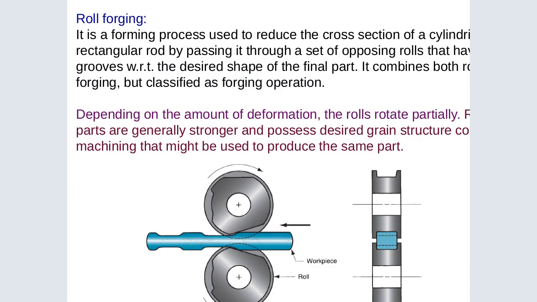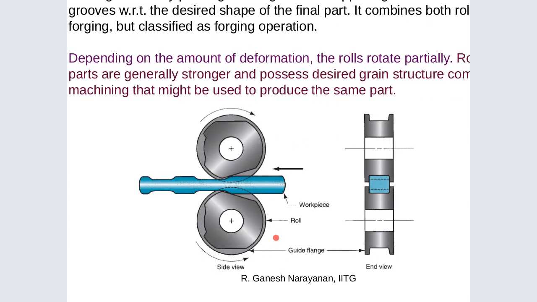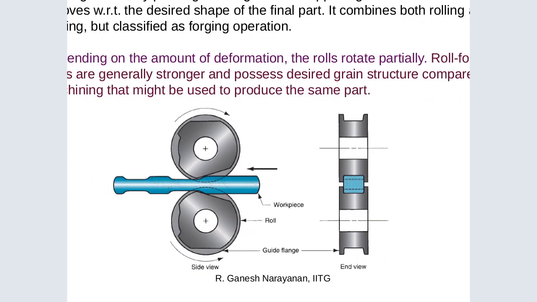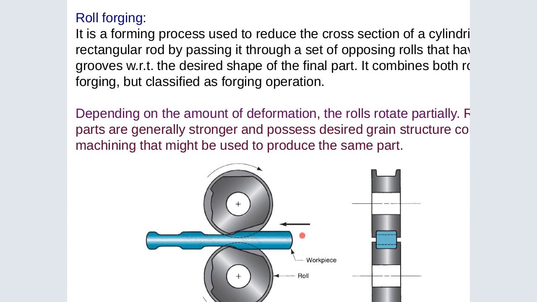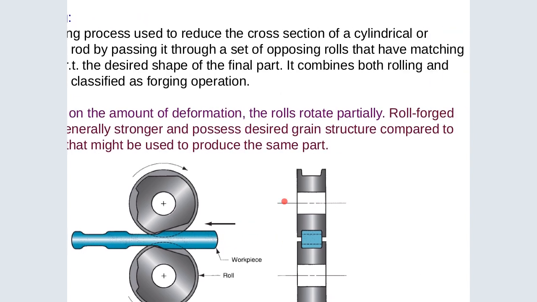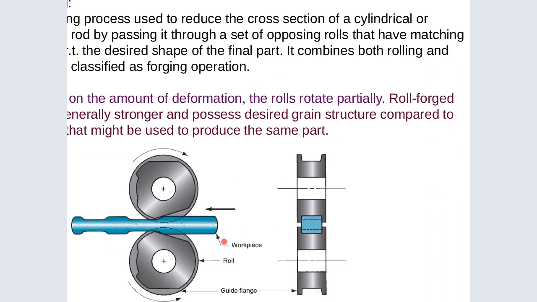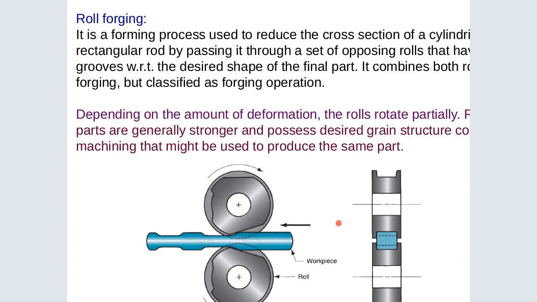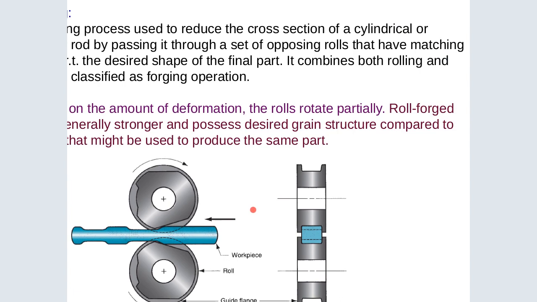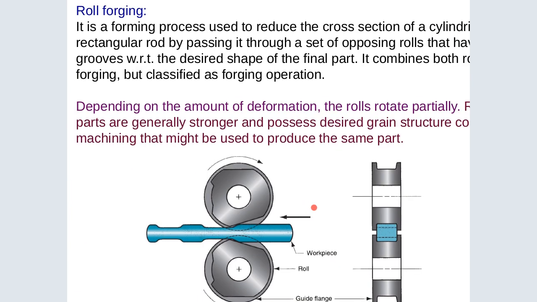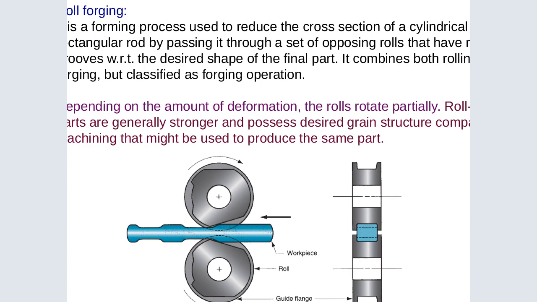Roll forging. We talked about it at the introduction of this part. It is the forming process used to reduce the cross section of a cylindrical or rectangular bar by passing it through a set of opposing rolls that have matching grooves with respect to the desired shape of the final part.